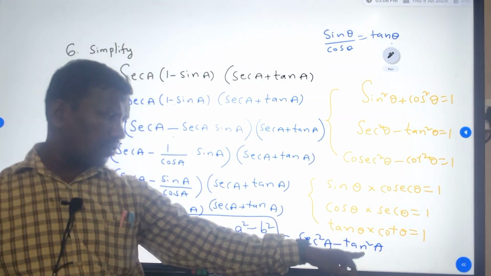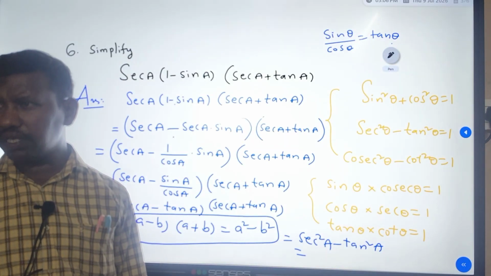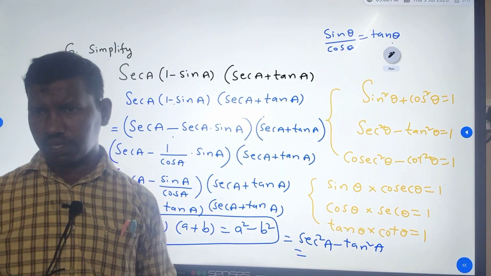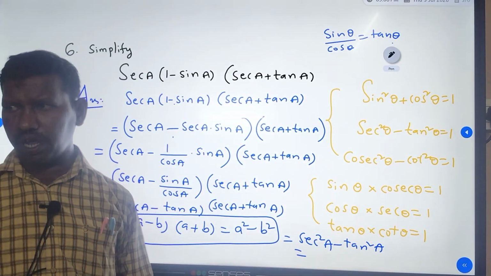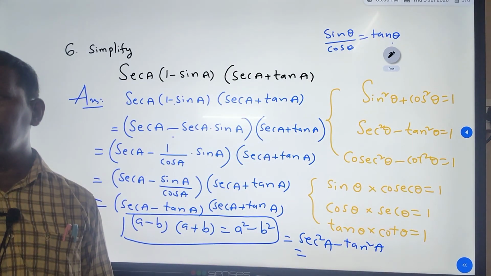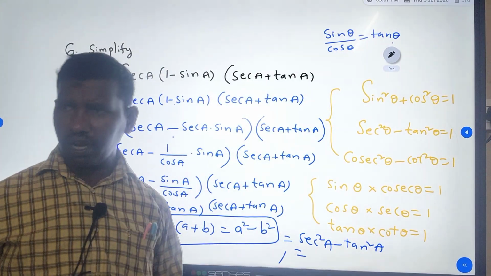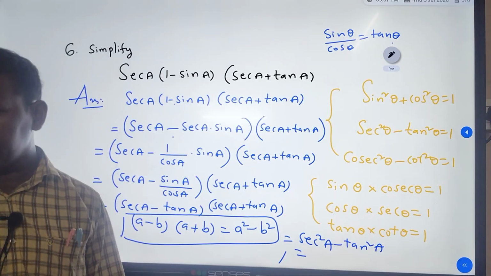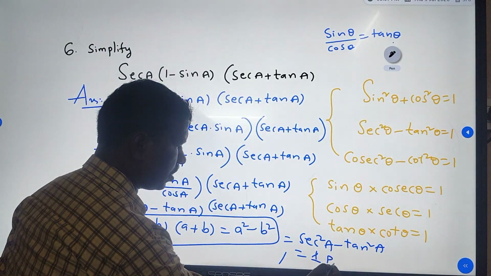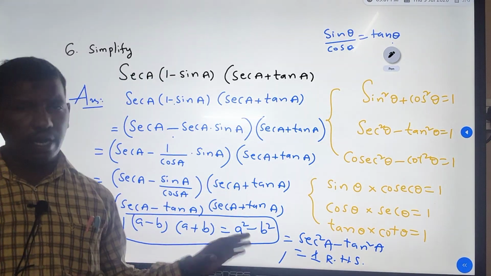Sec square theta minus tan square theta equal to 1. So sec square A minus tan square A equals 1. Very good, 1 is the correct option. This is the RHS. Okay, question number 6 is completed.